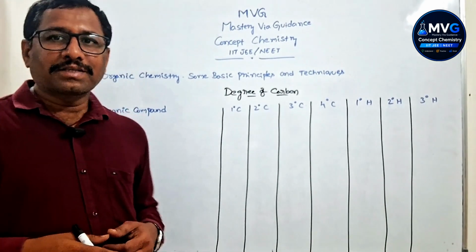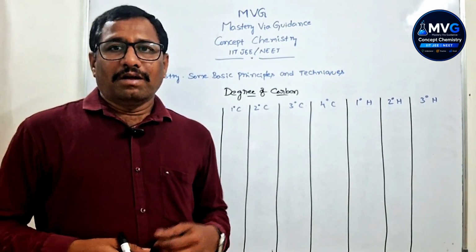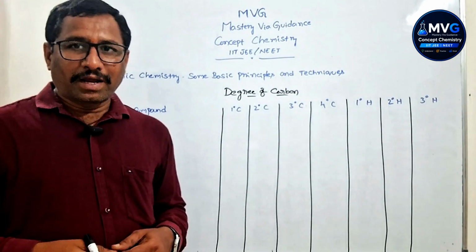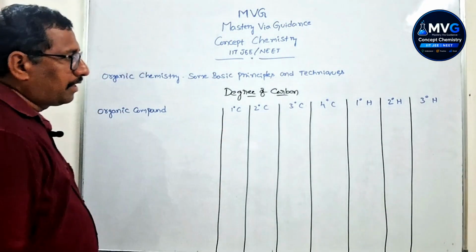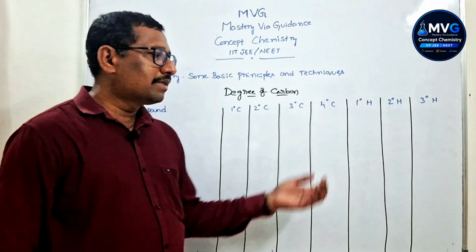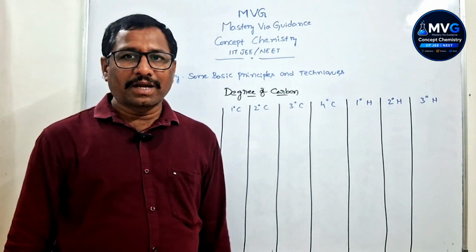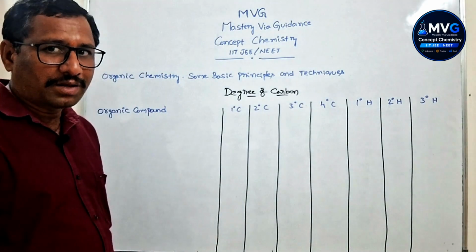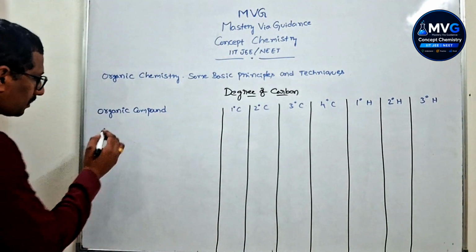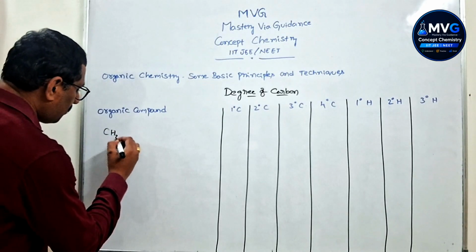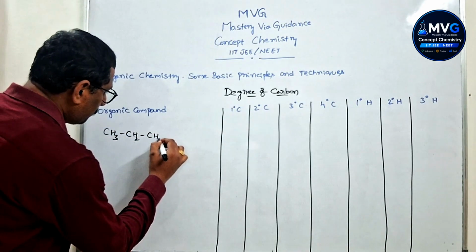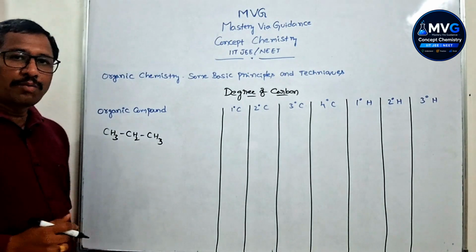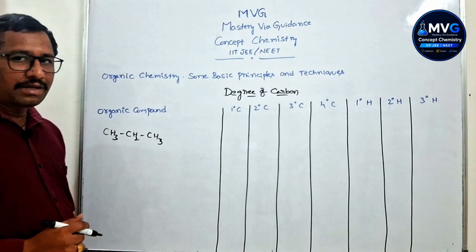Students, now we will discuss more examples on degree of carbon and hydrogens. Identify the number of primary, secondary, tertiary and quaternary carbons and primary, secondary and tertiary hydrogens present in the given organic molecules. Now students, I am giving examples. CH3, CH2, CH3. Find how many primary carbons and secondary carbons are there.